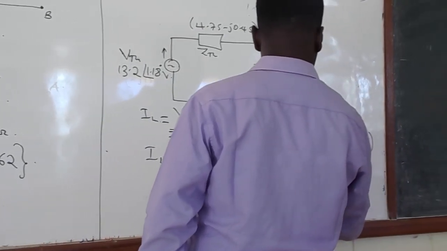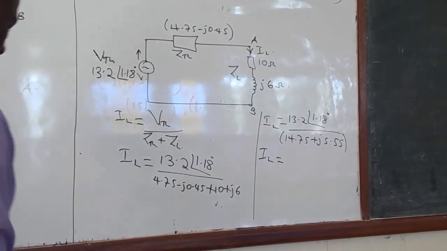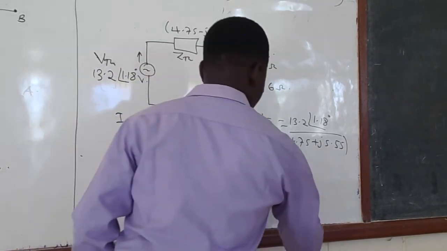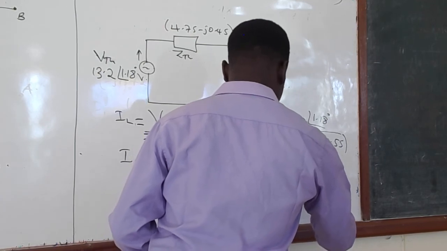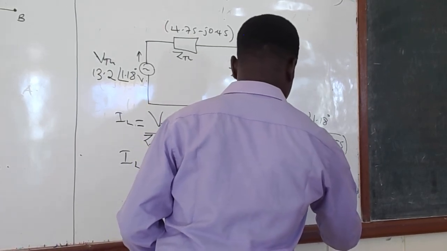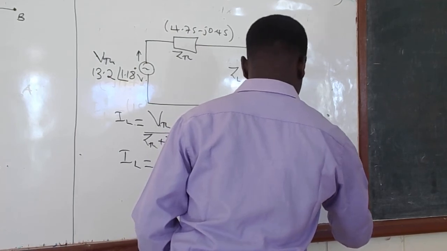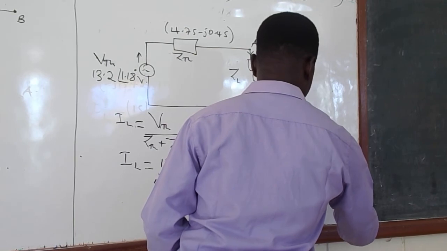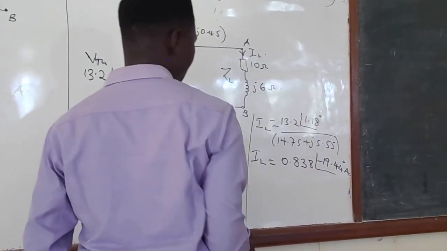So from there, now we can divide this to get the current across the load. And when you divide that, you actually get 0.838 at an angle of negative 19.44 degrees amperes. So this will give me the current across the load.